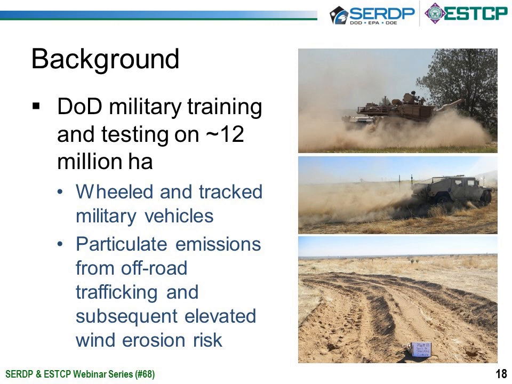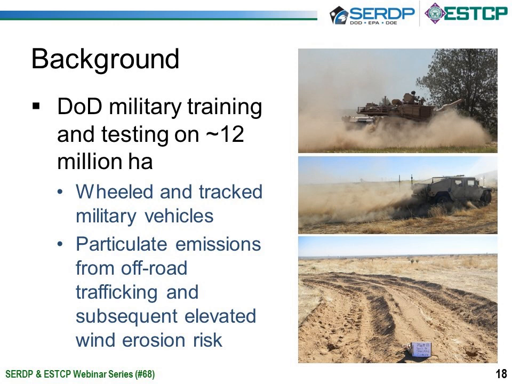DoD military training and testing is conducted on approximately 12 million hectares of land. Much of it is in arid regions that are highly susceptible to particulate emissions and wind erosion. Typical vehicles used by the military in off-road conditions, such as these lands, consist of both wheeled and tracked vehicles, which are usually much heavier than comparable civilian vehicles.